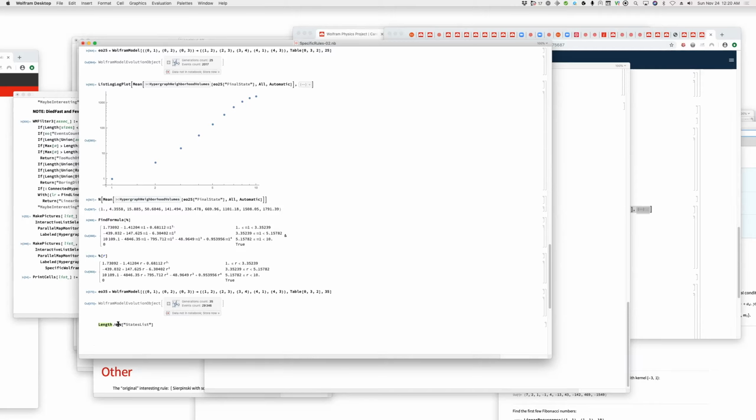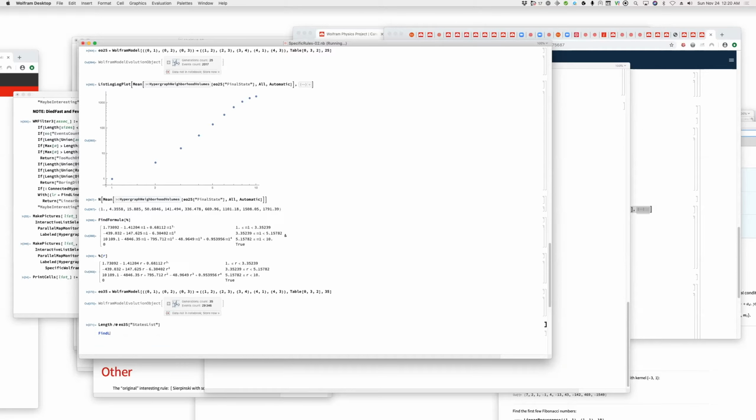EO35 states list. Ooh, this is slow. Wow. Well, extracting the states list takes some time, and it's symbolic code. Wow.